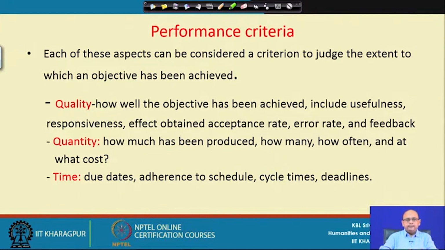So, make sure that it is cost effective. And time, due dates: whether you have adhered to schedules, cycle times, deadlines or not. For example, for a production person, you have to say that you are going to meet the schedules of production. You are able to produce n number of items within a given time frame, which meets the quality standards, right. So, you are meeting all three criteria: quality, quantity and time.